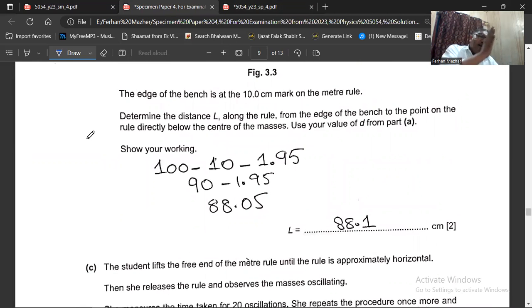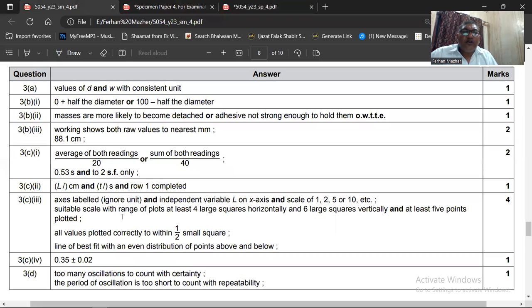So the distance between the edge of the bench and the center of the mass will be 100 minus 10 minus 1.95. What is 1.95? That is the radius of that mass. So it will be 90 minus 1.95, and that will be 88.05. So when you round it off to the nearest millimeter, it will be 88.1 centimeter. So I hope you understand this. 88.1 centimeter.